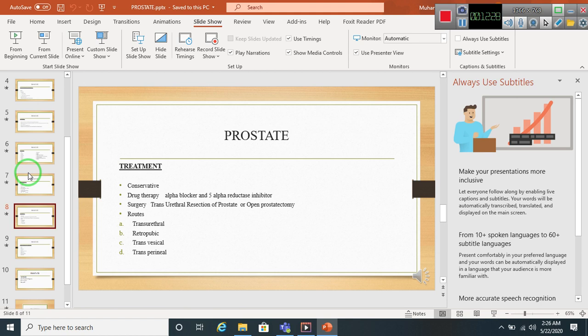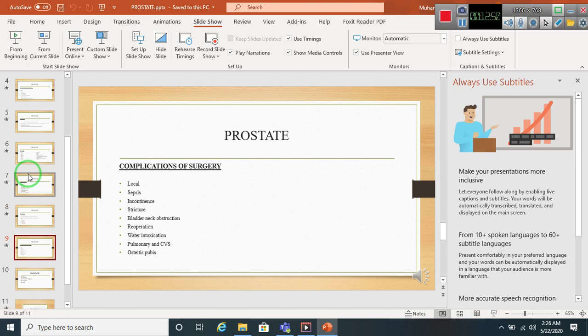A fiber optic instrument is passed, and the obstructive element, the gland part that is obstructing the passage of urine from the bladder to the urethra, is cut and cleared, and the way is cleared.